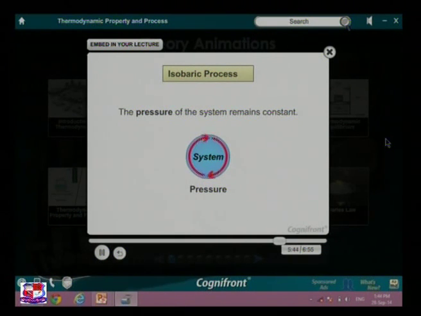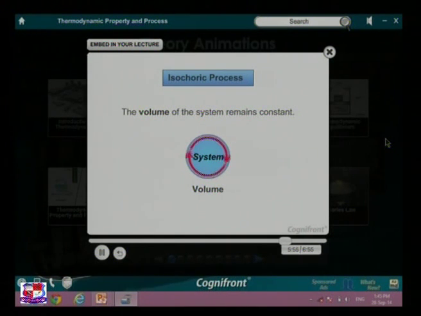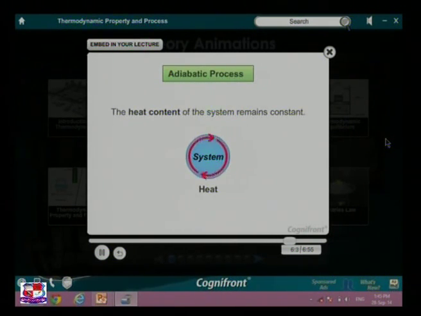The process in which the pressure of the system remains constant is called as isobaric process. In isochoric process, the volume of the system remains constant. Adiabatic process is a process in which the heat content of the system remains constant.